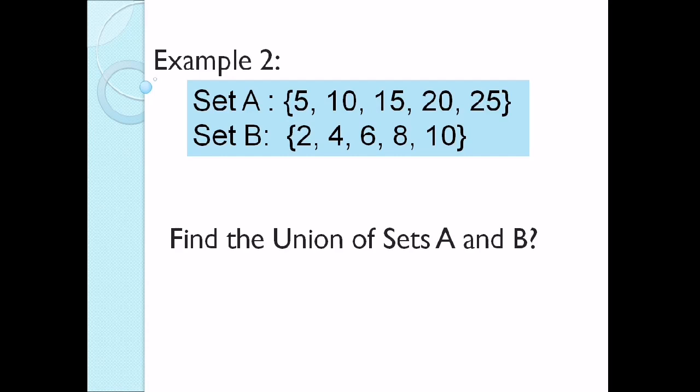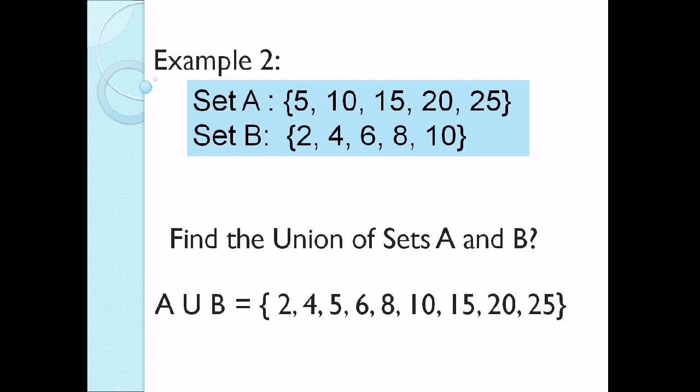So find the union of sets A and B. So our answer is A union B: 2, 4, 5, 6, 8, 10, 15, 20, and 25. Again, tatandaan lang, when we say union of sets, we just combine all the elements containing in a given set.